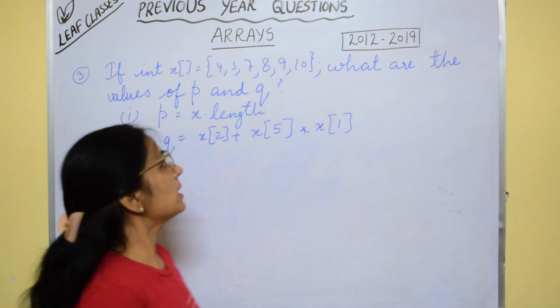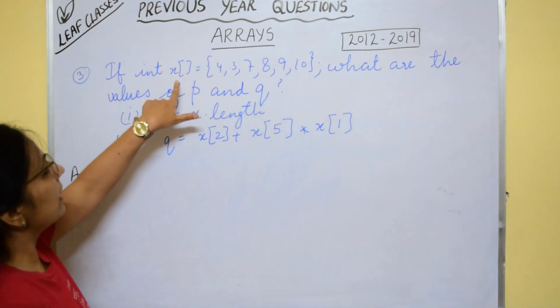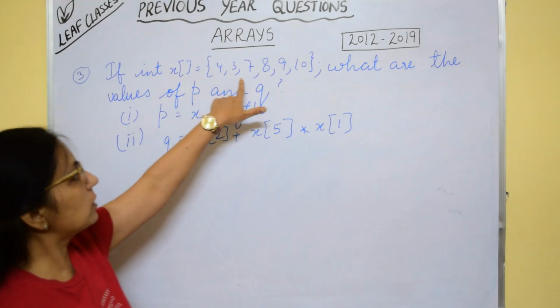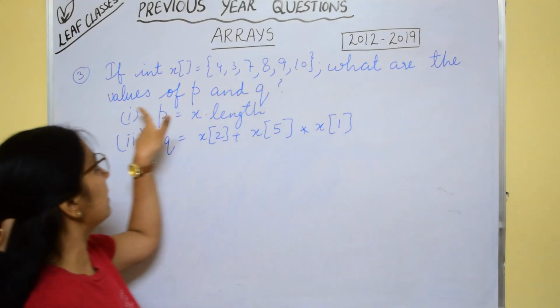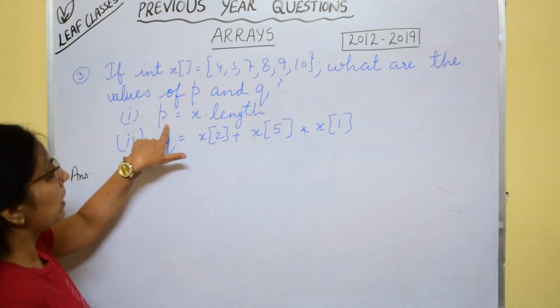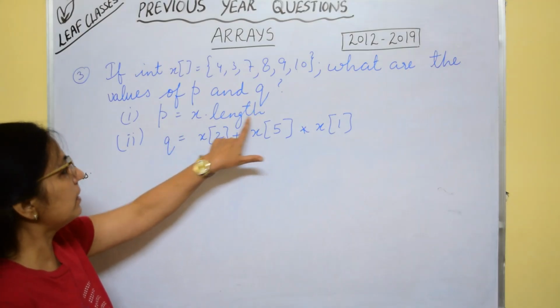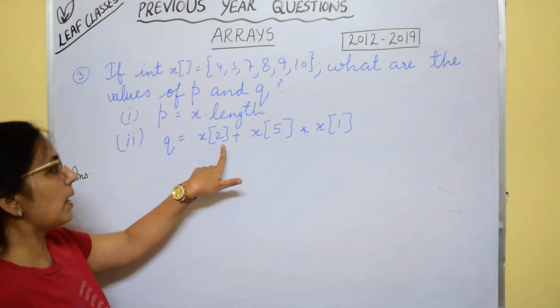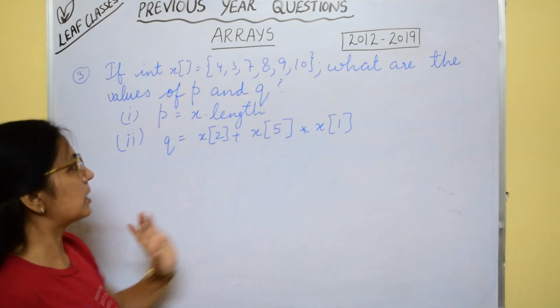Now we move on to next question, which says if int x equals to 4, 3, 7, 8, 9, 10, what are the values of p and q? The first is p equals to x dot length and q equals to x[2] plus x[5] into x[1].